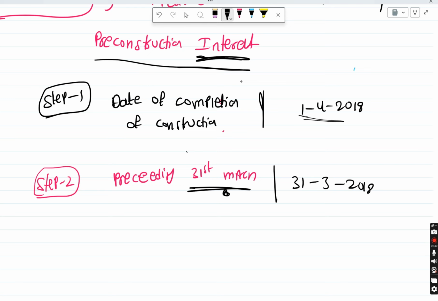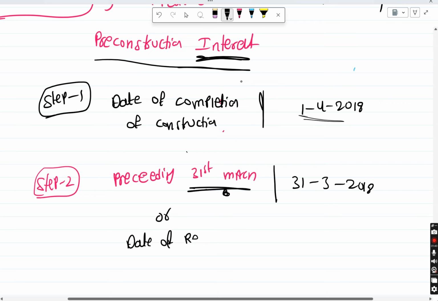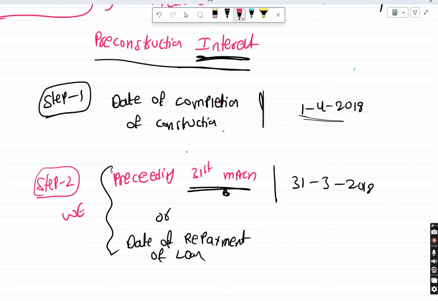So that one, or you take the date of repayment of loan. Okay, this is so important. You find out whichever is earlier, you take whichever is earlier. So when did you repay the loan? Date of repayment of loan.